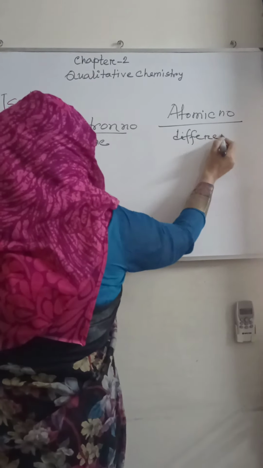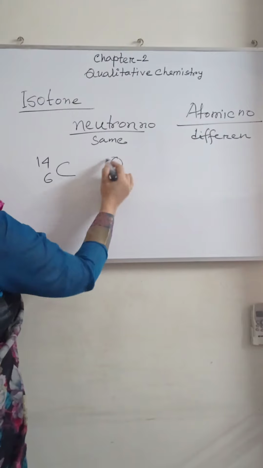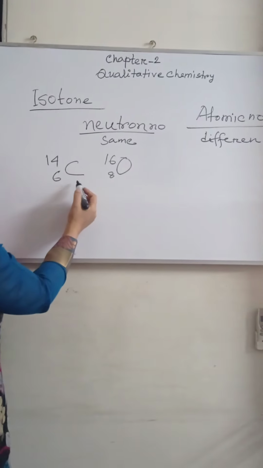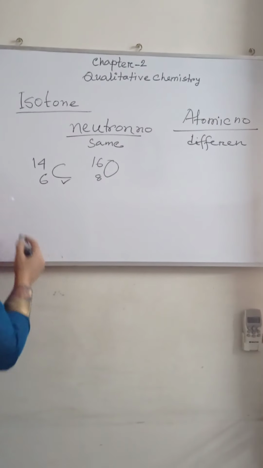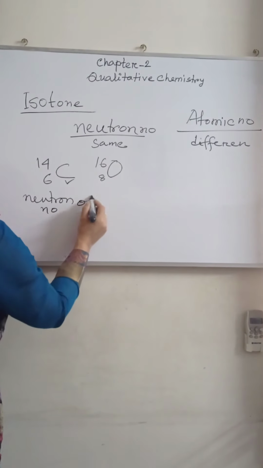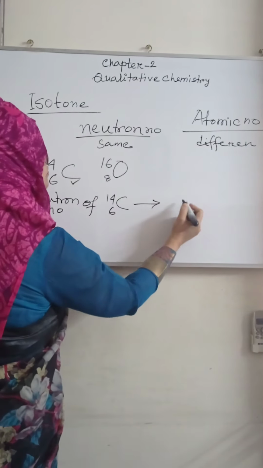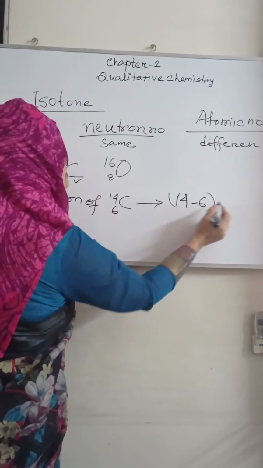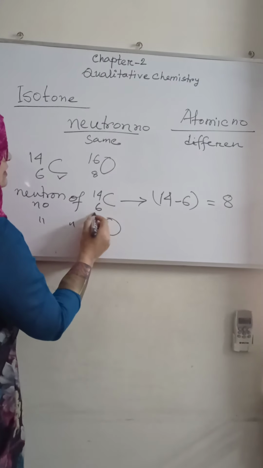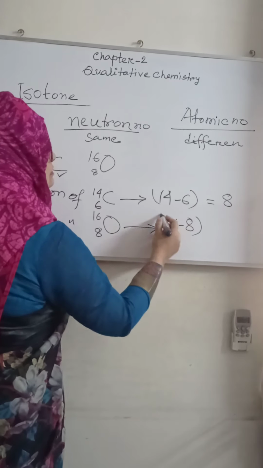For example, carbon-14 and oxygen-16. Look at the symbols please. Here the neutron number of carbon-14 is 14 minus 6, that is 8, and the neutron number of oxygen is 16 minus 8, that is 8.